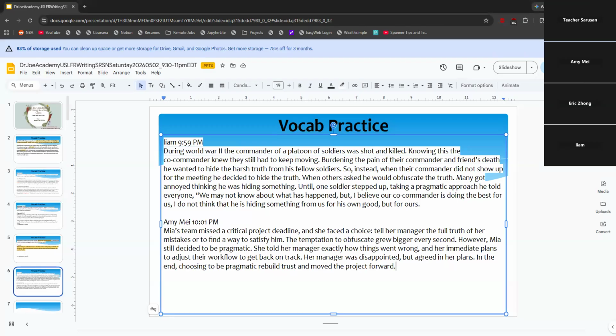When others asked, he would obfuscate the truth. Many got annoyed, thinking he was hiding something, until one soldier stepped up. Taking a pragmatic approach, he told everyone, "We may not know about what has happened, but I believe our co-commander is doing the best for us. I do not think that he is hiding something from us for his own good, but for ours."